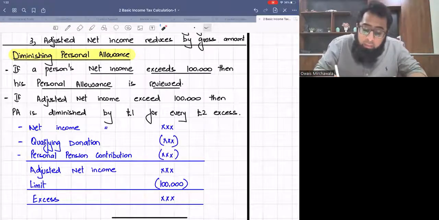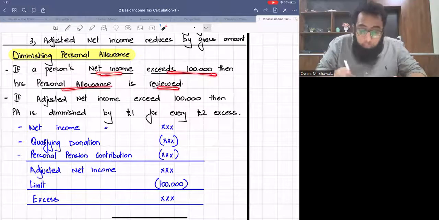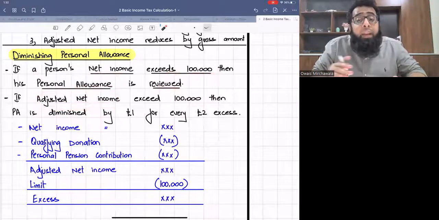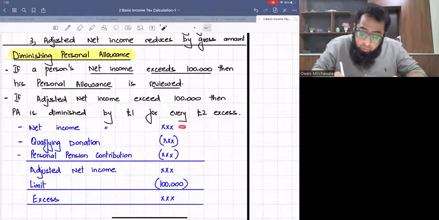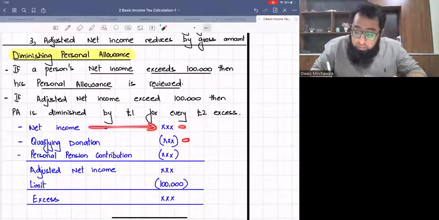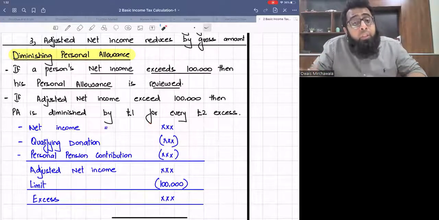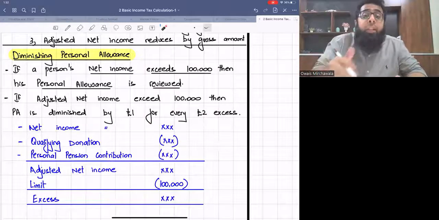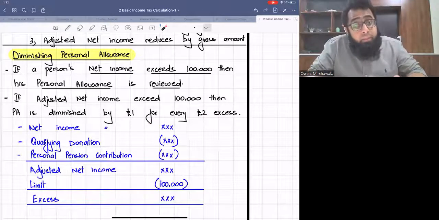Now, how is the allowance diminished? We first calculate the adjusted net income. Adjusted net income means your net income minus the gross qualifying donations and minus the personal pension contributions. We haven't studied the concept of pension yet, but it will come in later chapters.